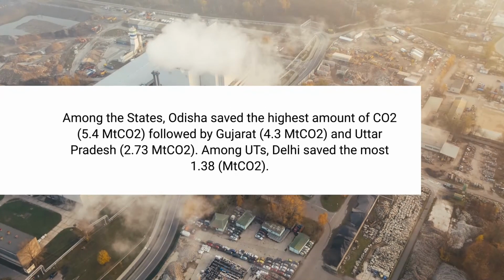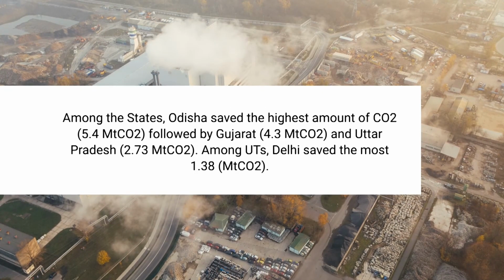Among the states, Odisha saved the highest amount of carbon dioxide, 5.4 metric ton. That is followed by Gujarat, 4.3 metric ton, and Uttar Pradesh, 2.73 metric ton. And among the union territories, Delhi saved the most, 1.38 metric ton.